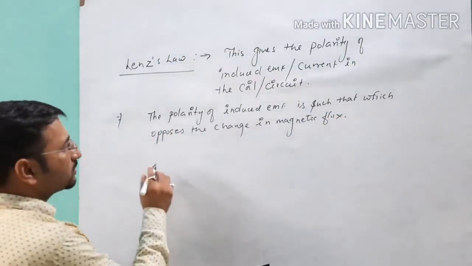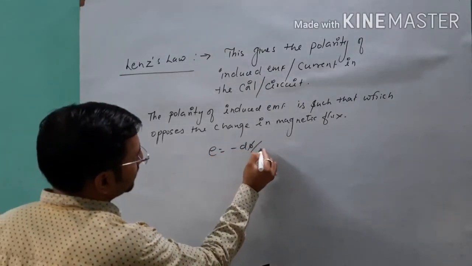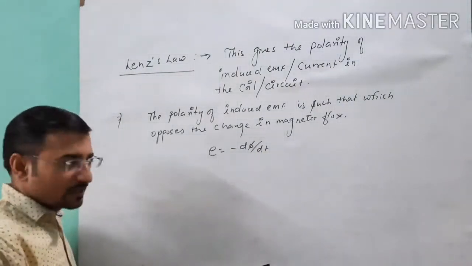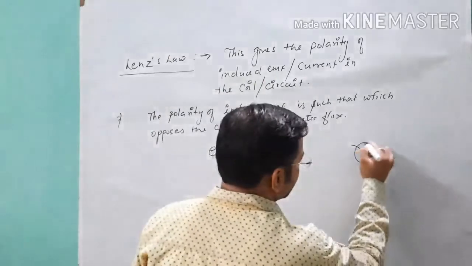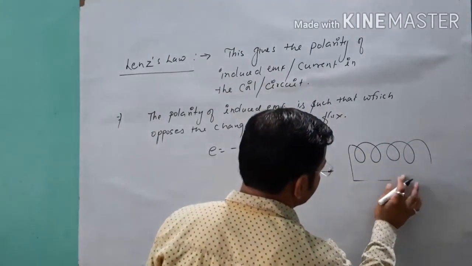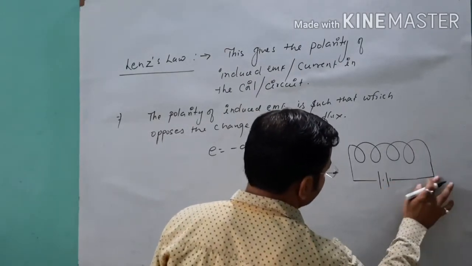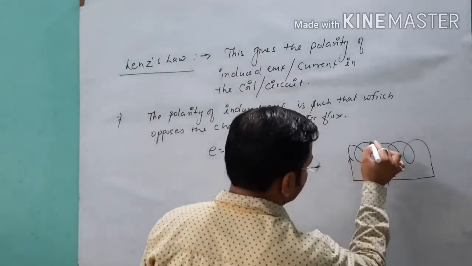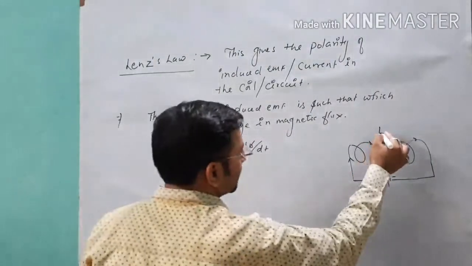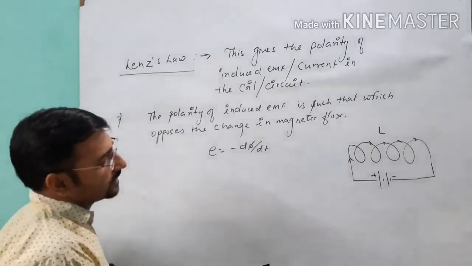So when we talk about the induced current, we know that E is equal to minus d phi over dt. If we think about the value of the induced current, say the current is flowing through a coil of inductance L. From Lenz's law, E is equal to minus d phi over dt.